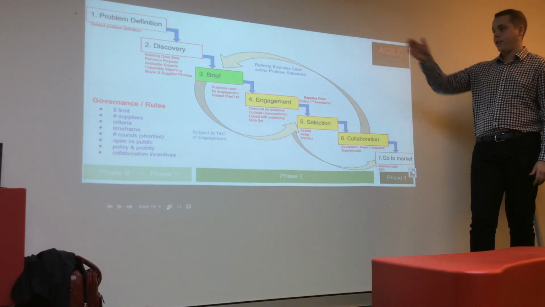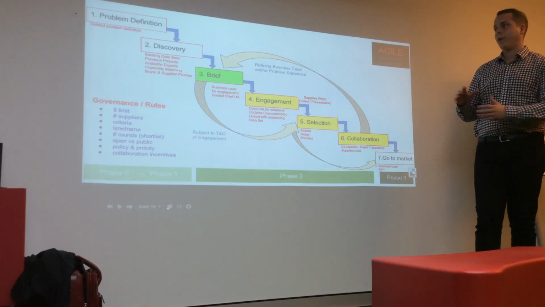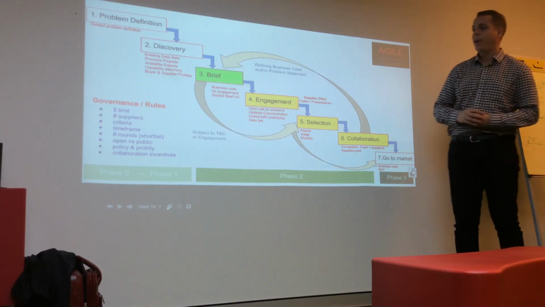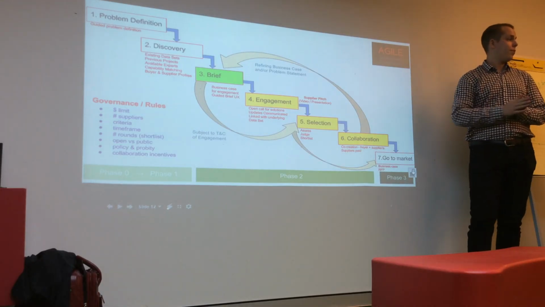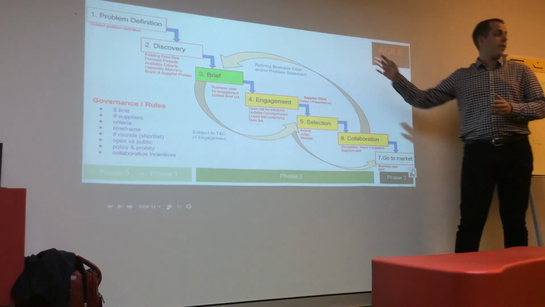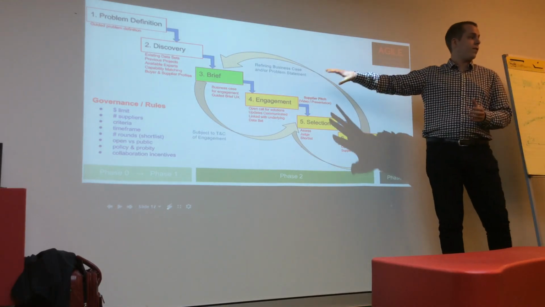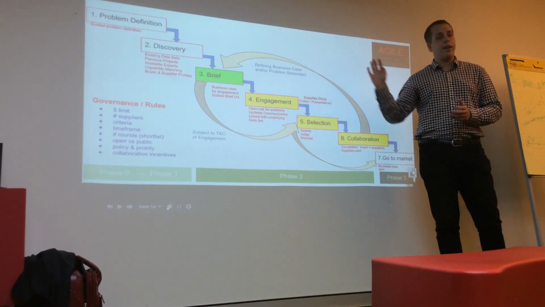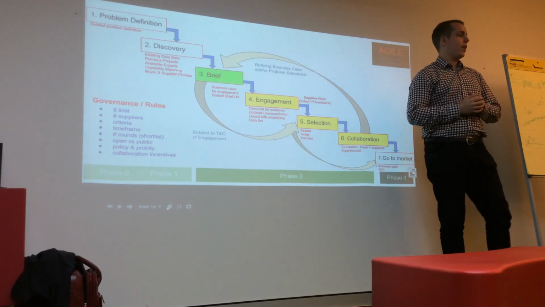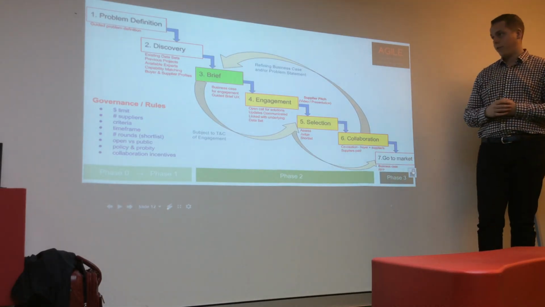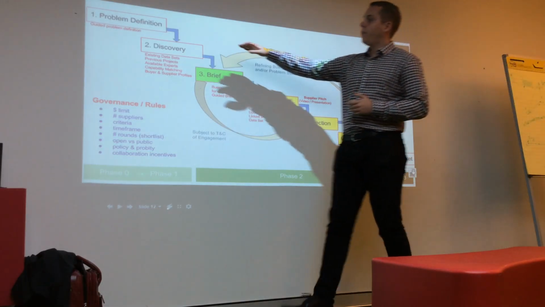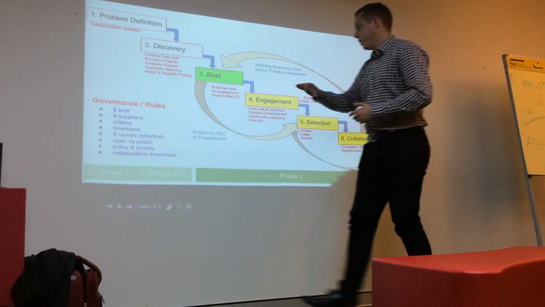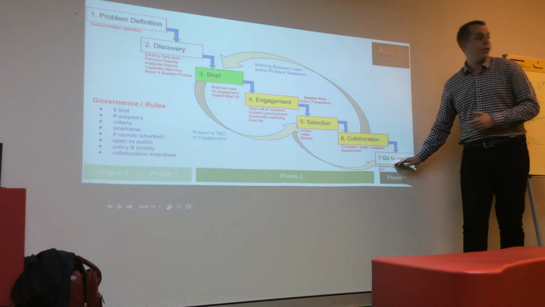So as a process, effectively what we're hoping to design is something that's flexible, based on the complexity scale. The slide that was up previously, from the very simple to the very complex, and then finding a solution for something in between. Depending on how complex or intricate the solution is, or the supplies needed are, you can effectively go from problem definition discovery straight through to selection and go to market.